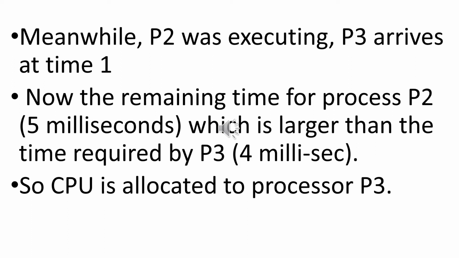So the processor will compare these two times, and we know the SRT for P3 is less. The remaining time of execution for P3 is less than for P2. So the CPU stops the execution of P2 and starts the execution of process P3.